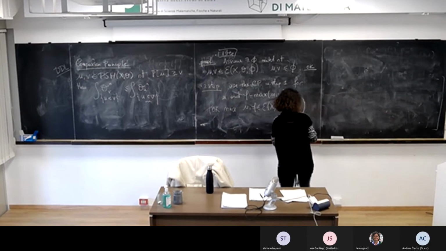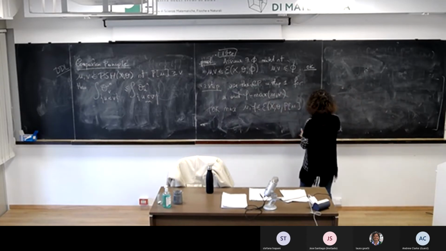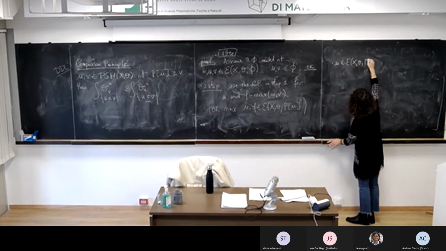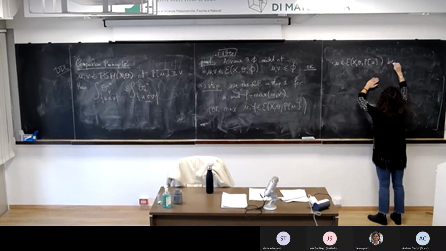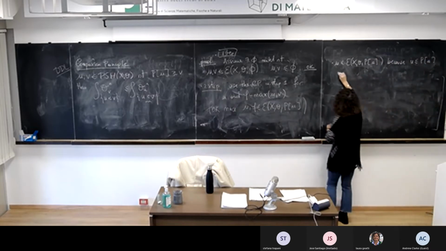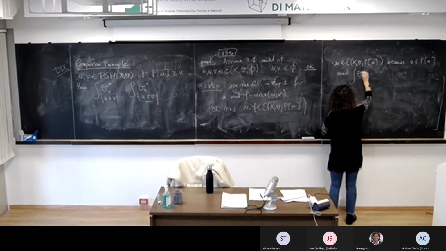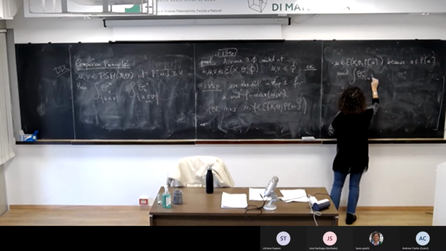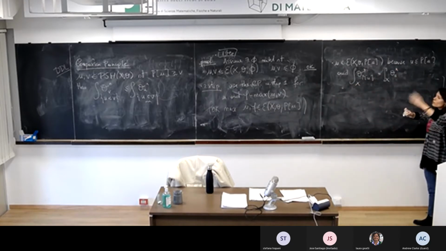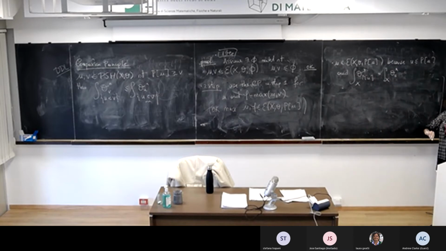So let me write it down. u is in E of x, theta, of p of u because u is less singular than p of u by definition, and also this is something that I proved a couple of episodes ago: the mass of the envelope is equal to the mass of u. For this, we use that p of u was constructed as an increasing limit of u_c, remember, when c goes to plus infinity?